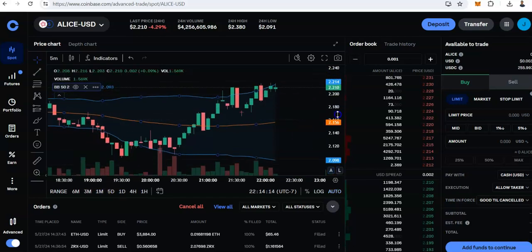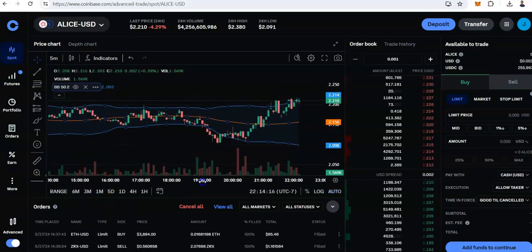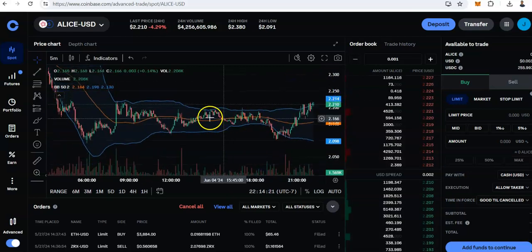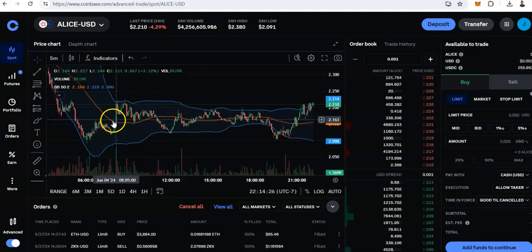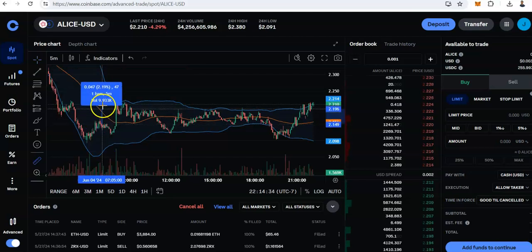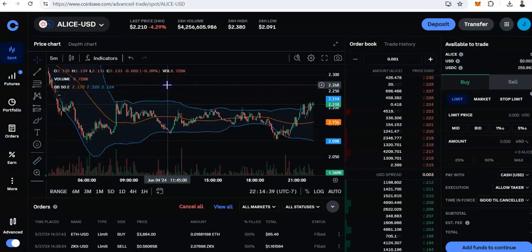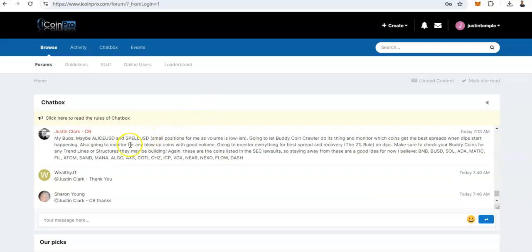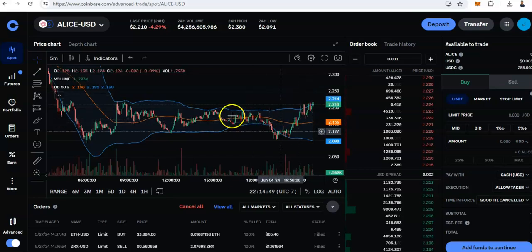Okay, so 7 a.m. when he posted that notification would have been on that candle right there. So if you bought at the worst of that candle, that would have been a 3% trade. Okay, so just by using the forum and seeing when he posts, you can literally just trade off of that.